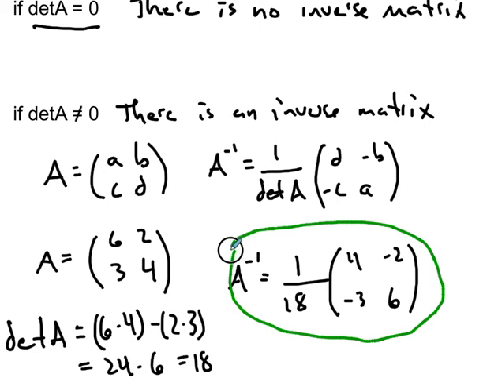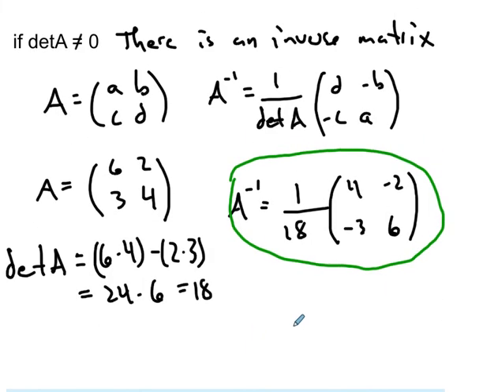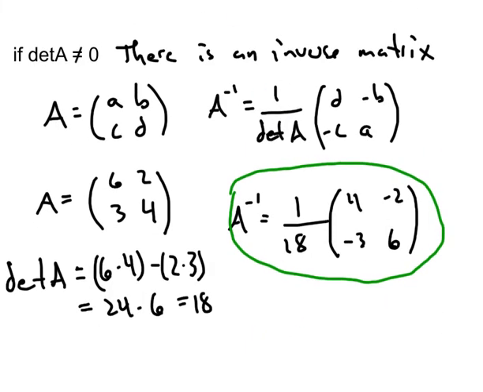Now, depending on how nice this number is and depending on how nice your teachers are, you may or may not have to actually put that number in on each of these. If I were to continue with this, and if they were to say completely simplify, then this would be the completely simplified form, where we could say this is going to be 4 over 18, because remember, anything in front is a scalar that gets multiplied in.